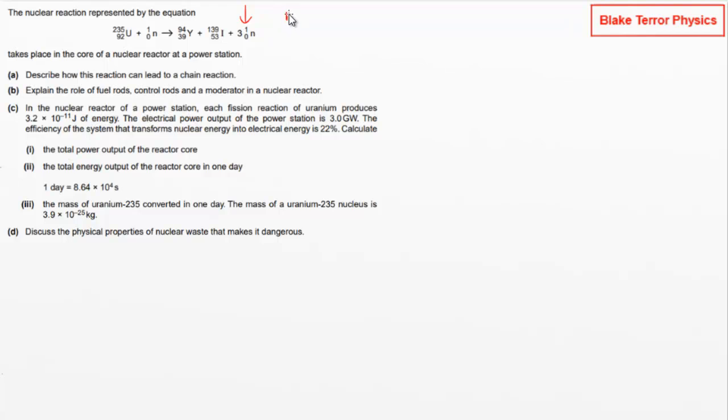So we want to say that the neutrons released can then interact with other uranium nuclei, causing further fission reactions. So yeah, that's the key part.